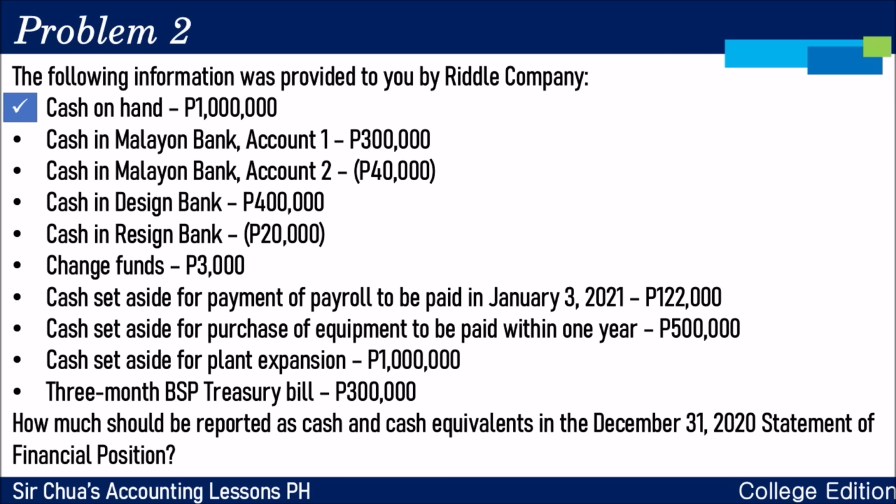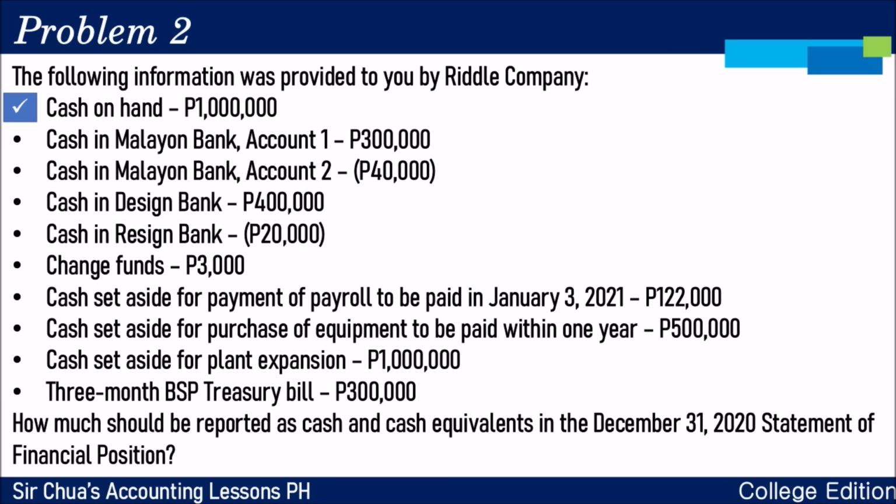Kapag po yung overdraft ay meron pong pwedeng kasama niya na isa pang account, or when a company has two or more accounts in the same bank, pwede nyo po silang inet. Again, general rule po, ang bank overdraft ay naka-current liability.